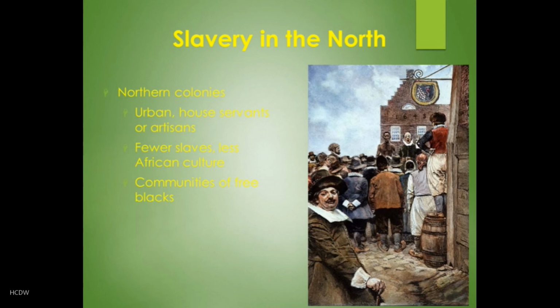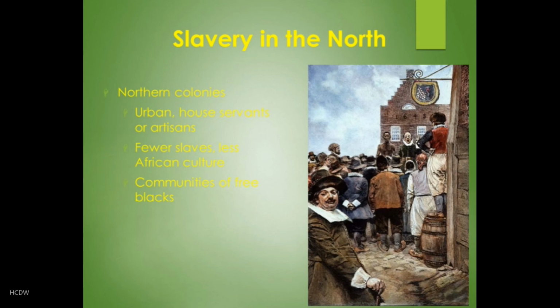Slaves made up only about 2 to 3% of the population in New England, but between 8 and 12% in the middle colonies of New York, New Jersey, Delaware, and Rhode Island. So they're still a very important part of society, even if their proportion is lower than that in the South.